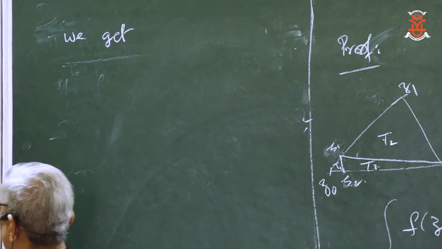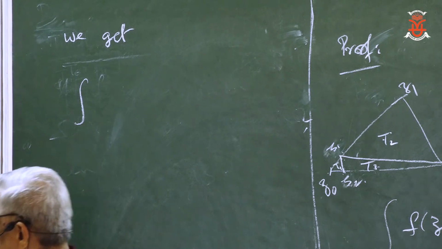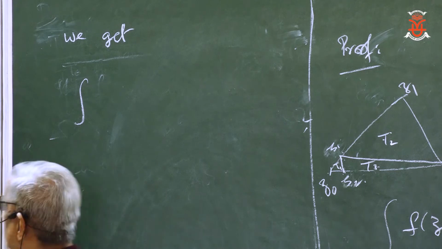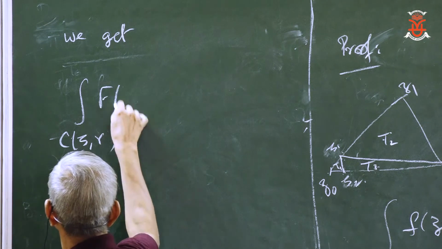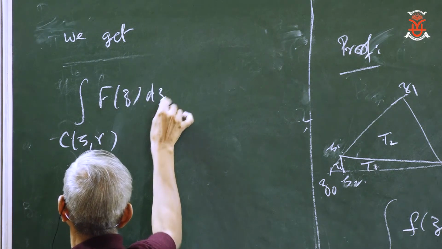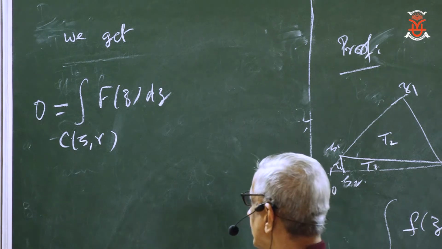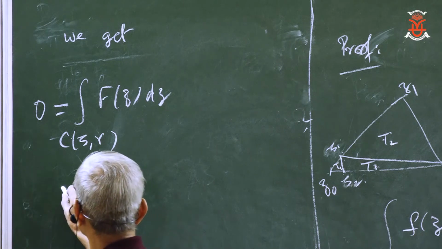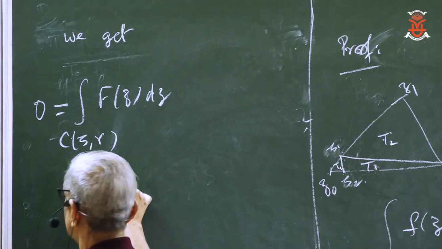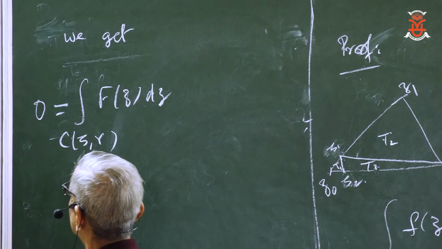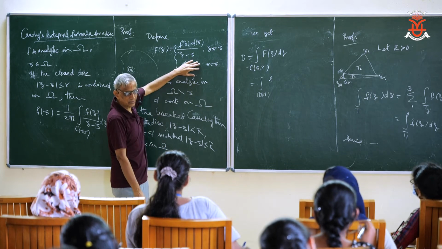What do we get? The integral over whatever we call that, C zeta r, of f of z dz is 0. But what is this? On this circle, this part doesn't come into the picture, only this part.